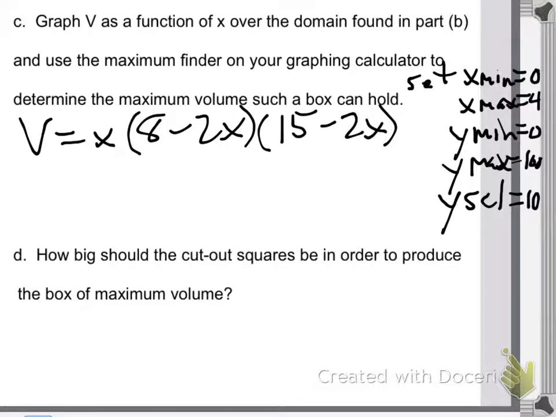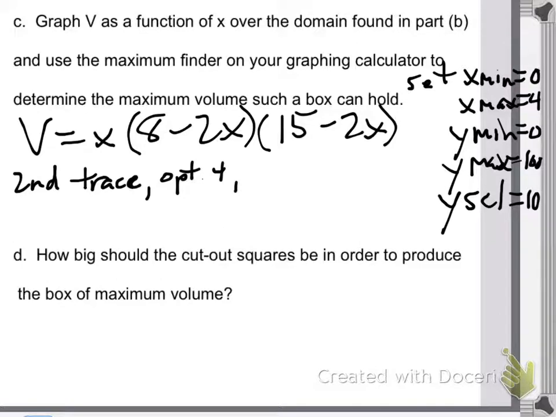Okay, now what we want to do is find the max. We want to find the top of where that curve is. So we use the max function. So we go second trace. Okay, second trace. Then we want option 4. That's maximum.